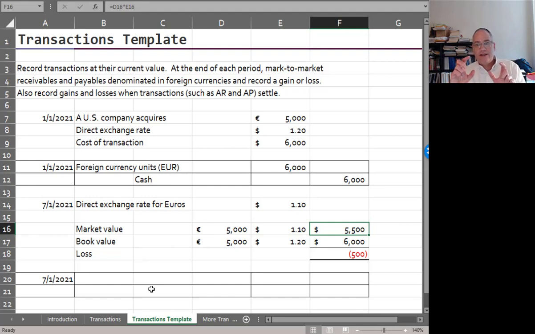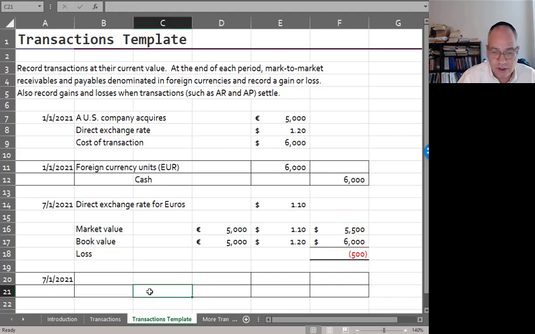You've got to be very careful that you're multiplying the foreign currency by the direct exchange rate, and that you get that direction right, because a lot of students will multiply when they need to divide, and vice versa. So what I'm going to do here is adjust this to market value and credit foreign currency units and indicate what currency it is for this loss of $500.